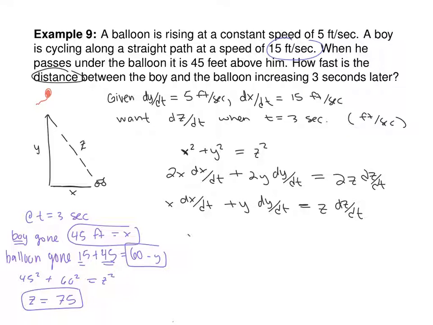So 45 times dx/dt, which is 15, plus 60 times dy/dt, which is 5, equals 75 times dz/dt.